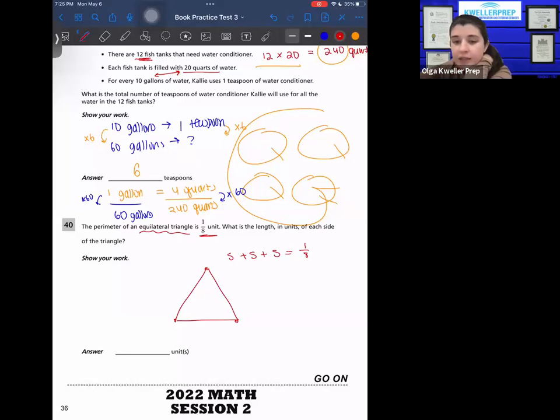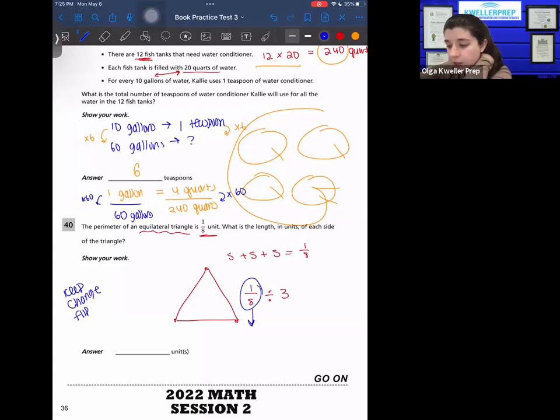So if I was dividing a slice of pizza into 3, I would do 1 divided by 3. But in this case, I'm dividing 1/8 into 3. So I'm going to do 1/8 divided by 3. And again, the rule when you're working with fractions and when you're dividing, we have to do keep, change, and then flip. So we're going to keep, right?